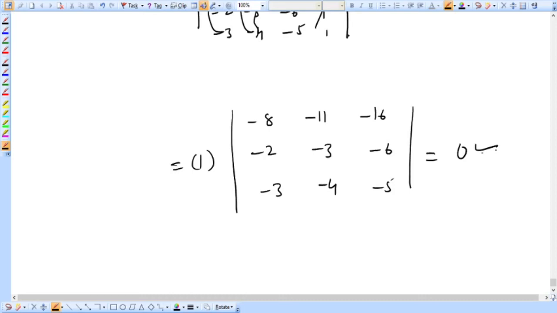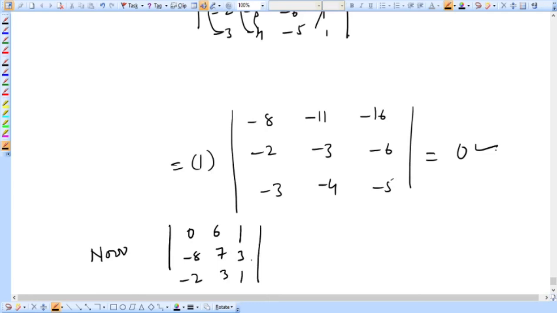But I'm going to tell you a minor of this matrix. You see, this is a minor of this matrix: 0, 6, 1, minus 8, 7, 3, minus 2, 3.